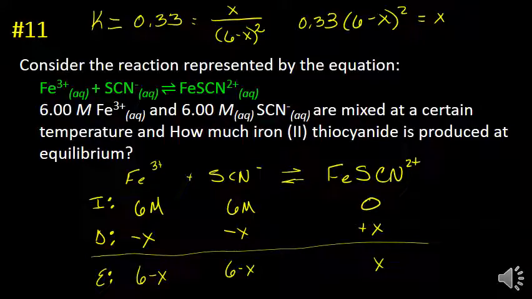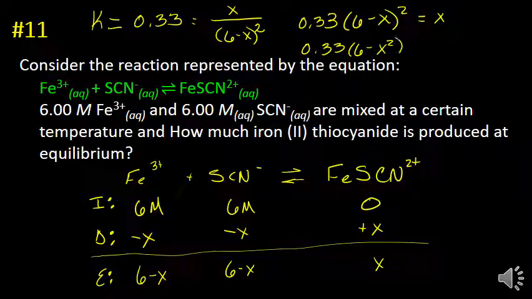So I need to rearrange this equation so that it's set equal to 0: 0.33 multiplied by (6 minus X) squared, minus X. Because now it's equal to 0. You good with that? All right, so that's what we want to enter into the calculator.